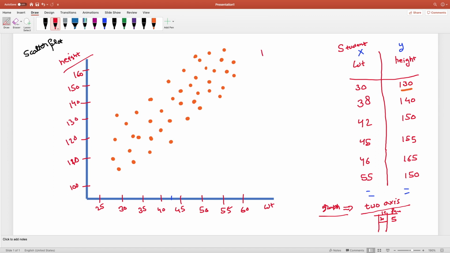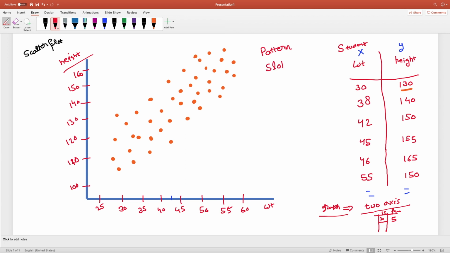So I can see what is the benefit of it. I can see a pattern right over here, and this is also called pattern discovery. And what this pattern discovery means is that I can simply see that if weight is increasing, height is also increasing, right? So there is also a slope which matters.